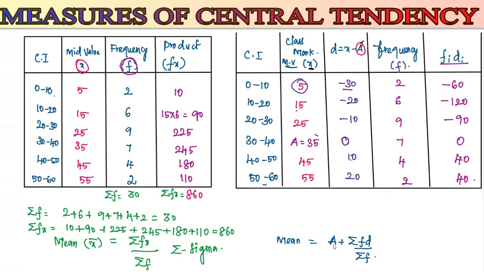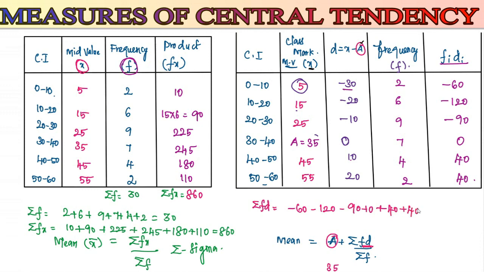Next, the A value we know is 35. You need to find FD. Sigma FD means sum of FD. Sum of FD is equal to minus 60 minus 120 minus 90 plus 0 plus 40 plus 40.